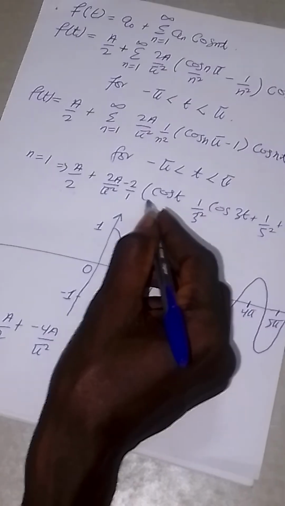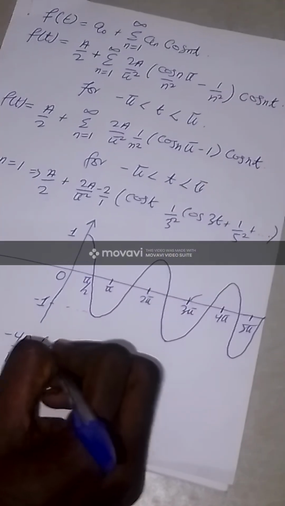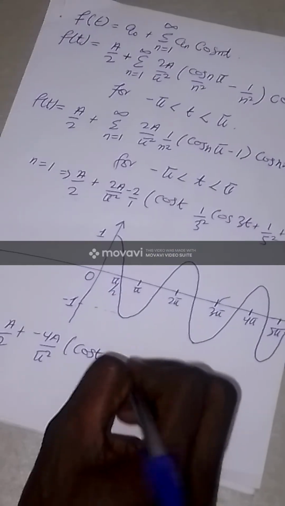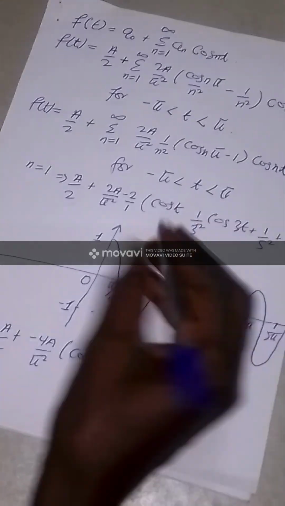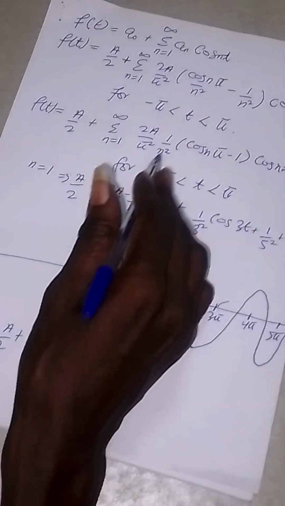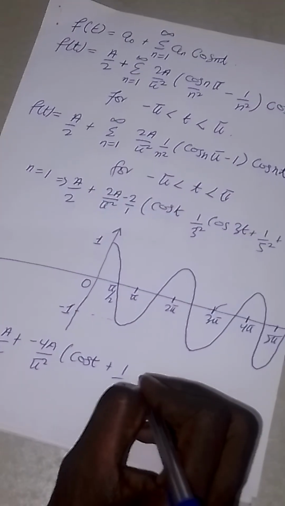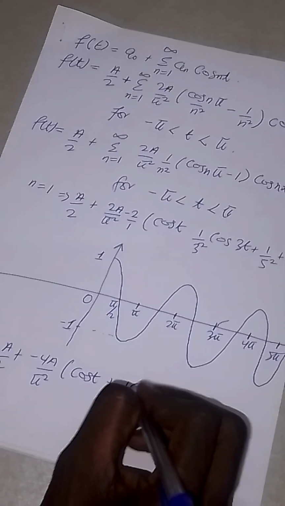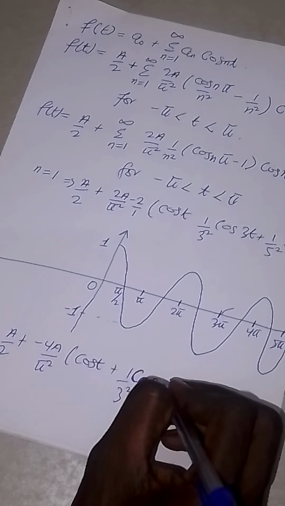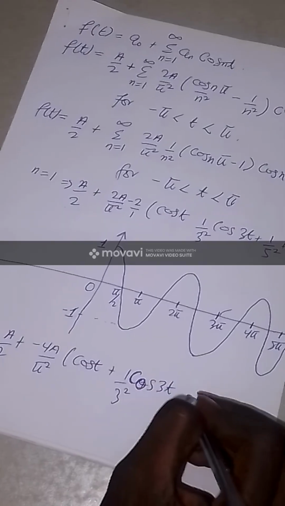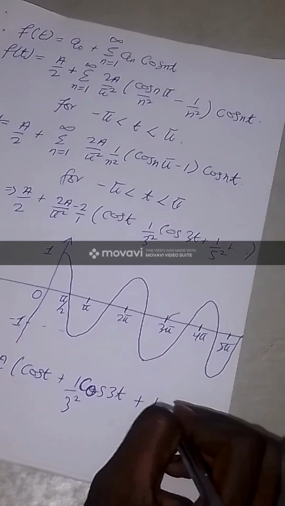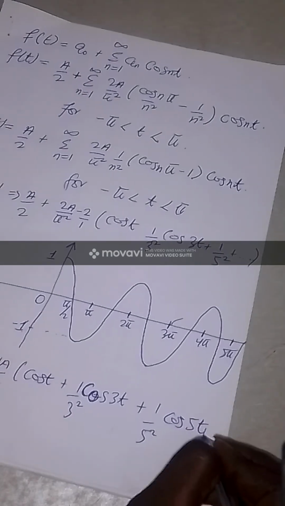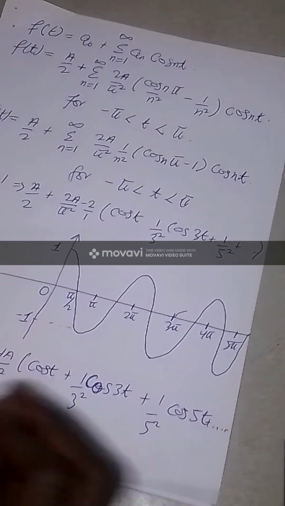Here it's just going to be cos t, which I have here for 1, plus 1 over 3 squared cos 3t, because of the 1 over n squared, plus 1 over 5 squared cos 5t. So plus, it goes on and on to infinity.